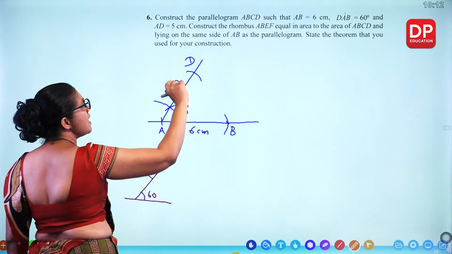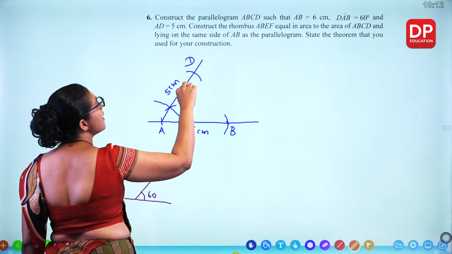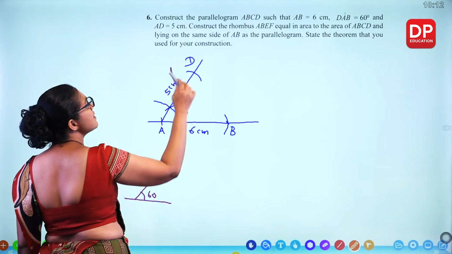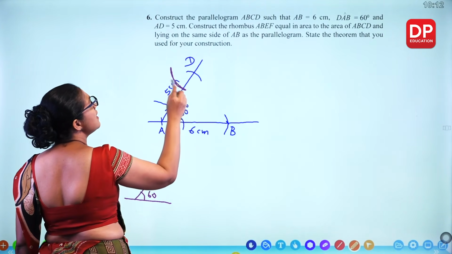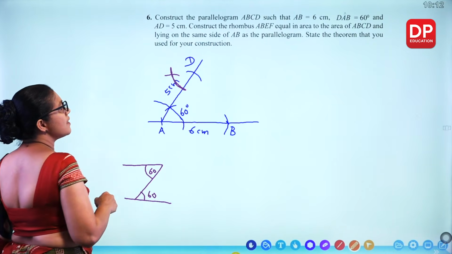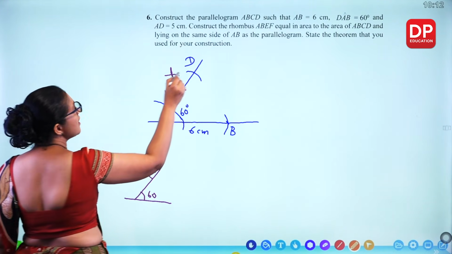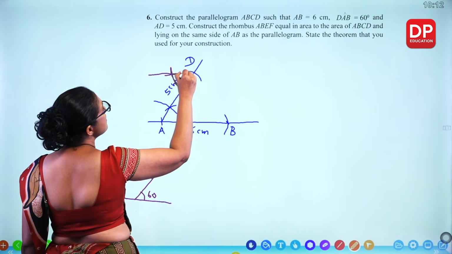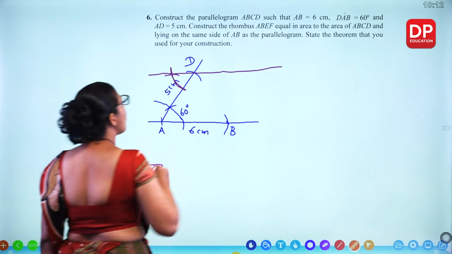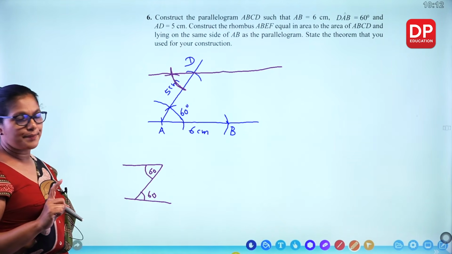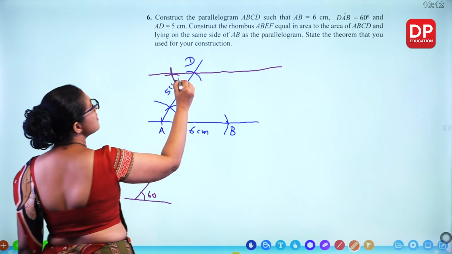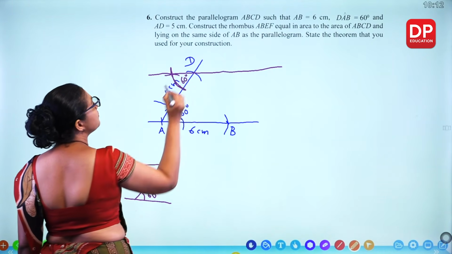Take any length, draw a big arc like this, keep it here and draw another arc. Then connect the two points and draw the parallel line. So this is also 60 degrees.